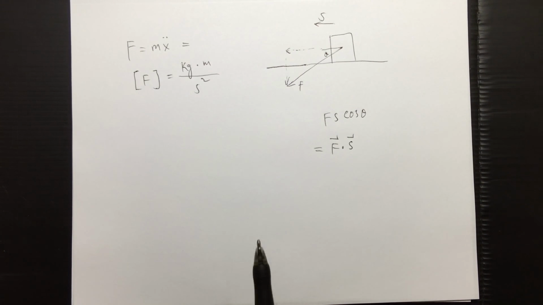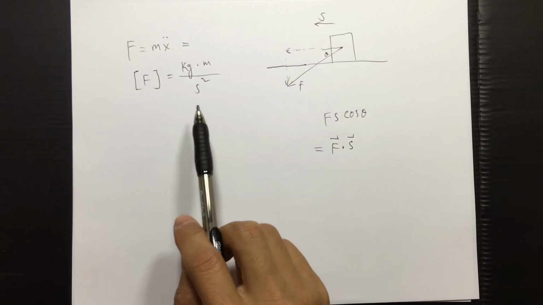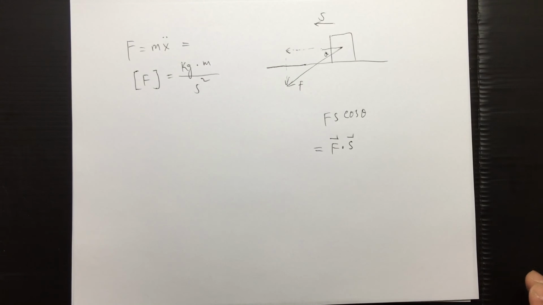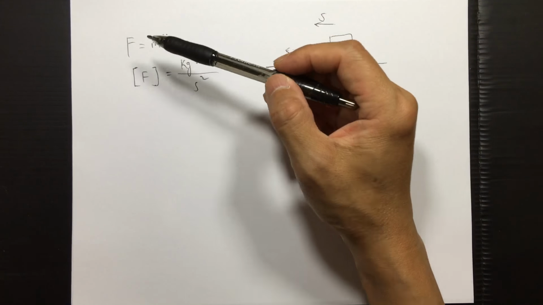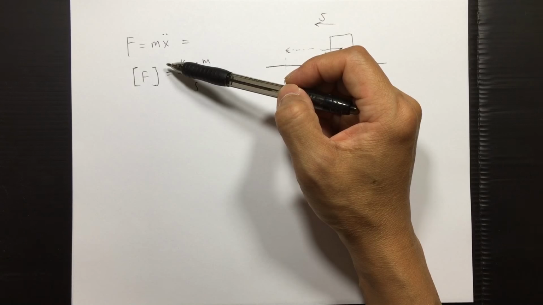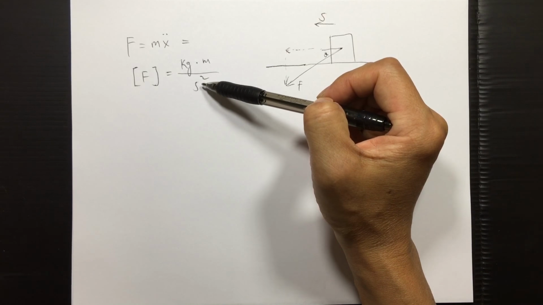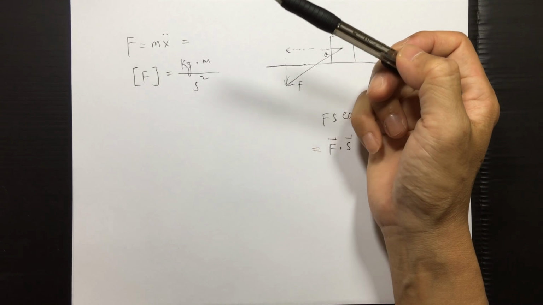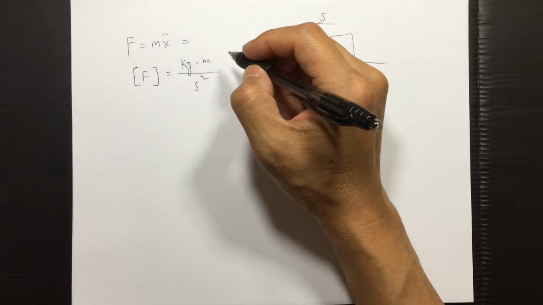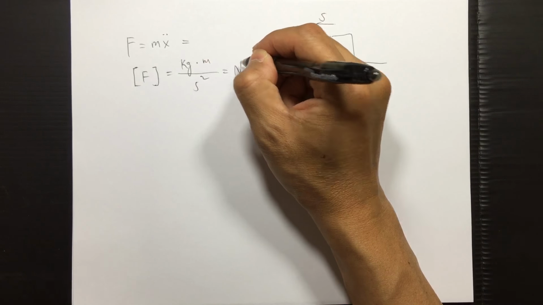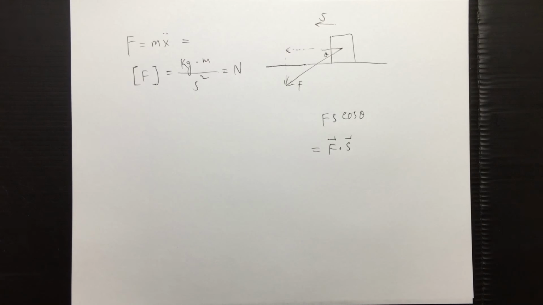That makes sense? This is acceleration, this is distance, dt twice. Every time dt, you carry a second over. We call this, by the way, Newton.